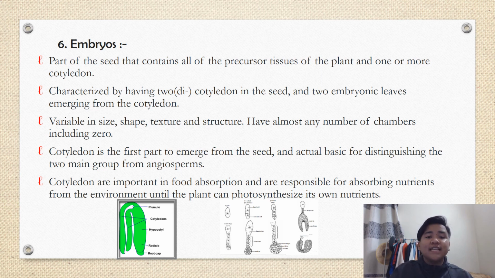The cotyledon is the part of the plant to emerge from the seed and is the actual basis for distinguishing the 2 main groups of angiosperms. Cotyledons are important in food absorption and are responsible for absorbing nutrients from the environment until the plant can photosynthesize its own nutrients.